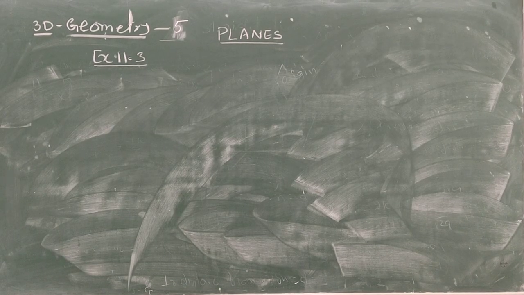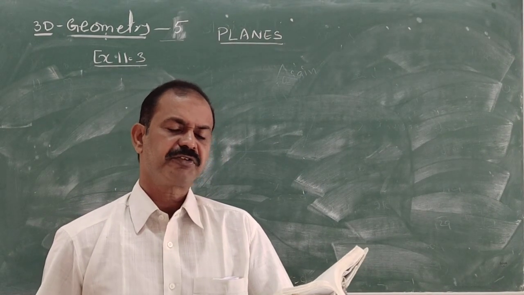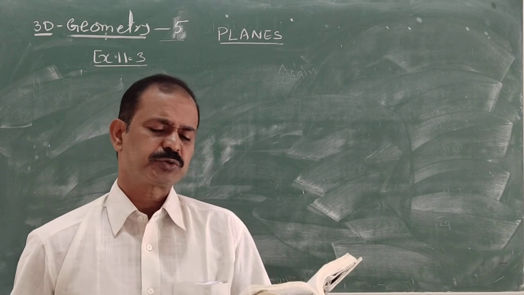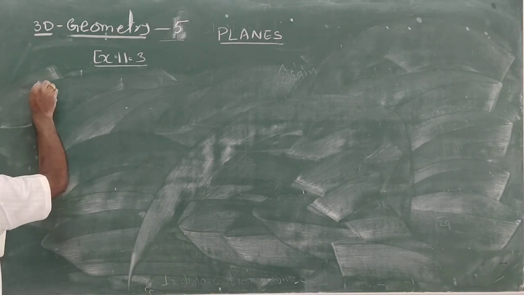Next problem is: find the vector and Cartesian equation of the plane passing through (1, 0, -2) and normal to the given plane. So, the fifth one.